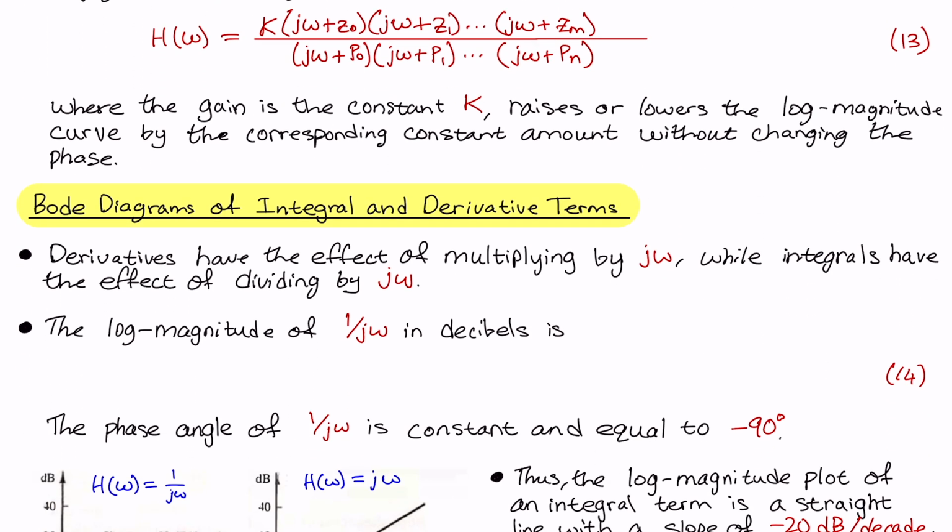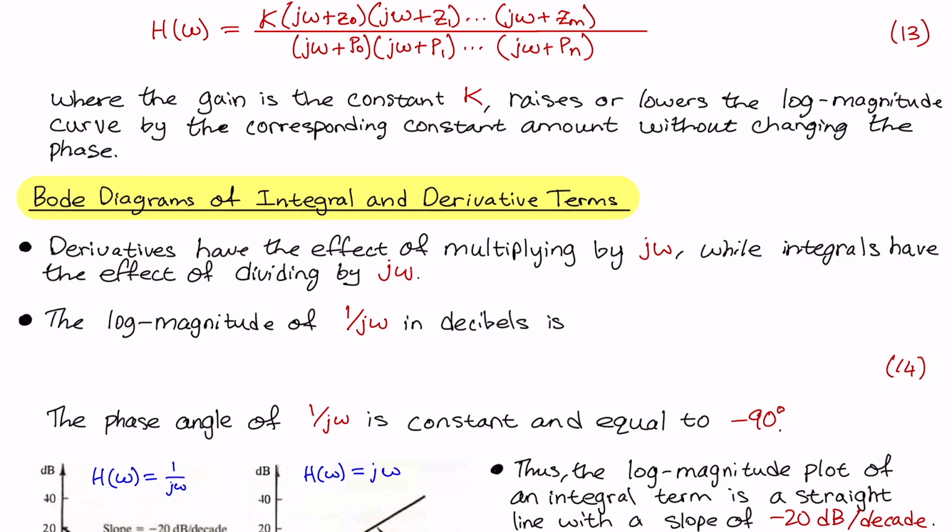Okay, we're talking now about what happens when you have a derivative term or an integration term. So derivatives have the effect of multiplying your transfer function by j omega, while an integral will have the effect of dividing by j omega. So we're going to start by computing the log magnitude of 1 over j omega.